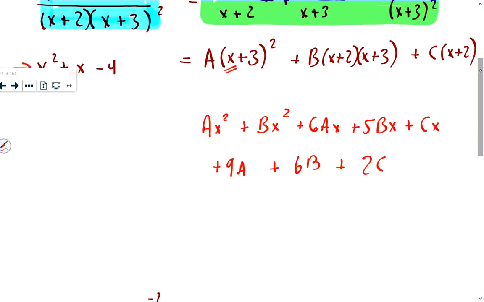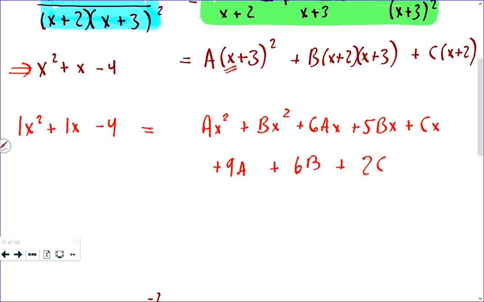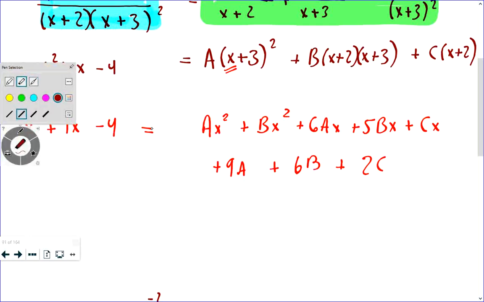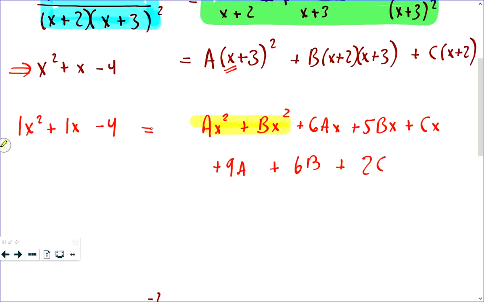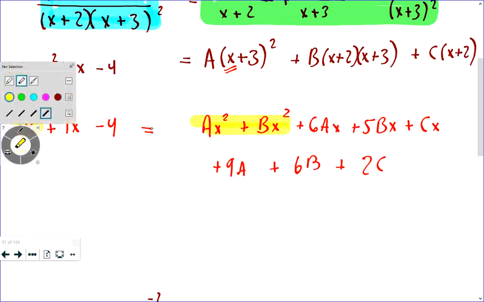6b, 9a, it's good. So the idea is that if this is equal to 1x squared plus 1x minus 4, that this is equal to 1x squared. This is equal to 1x. And this is equal to negative 4.